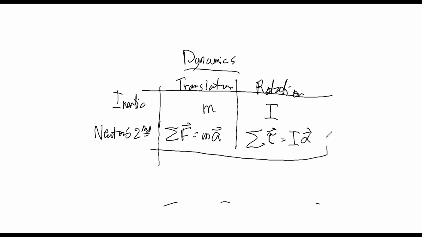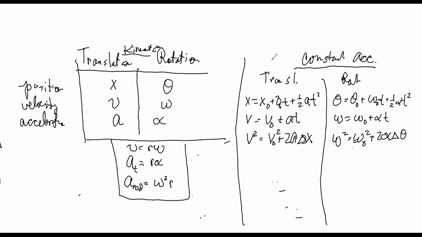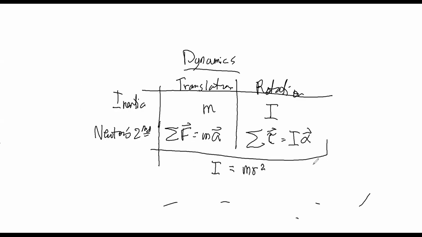The moment of inertia is given in terms of the mass, r being the distance from the axis of rotation. And the torque on an object caused by a force is given by this cross product.